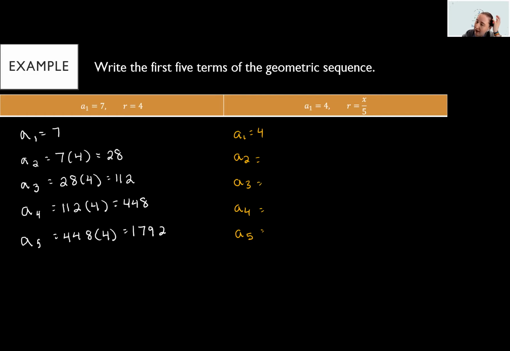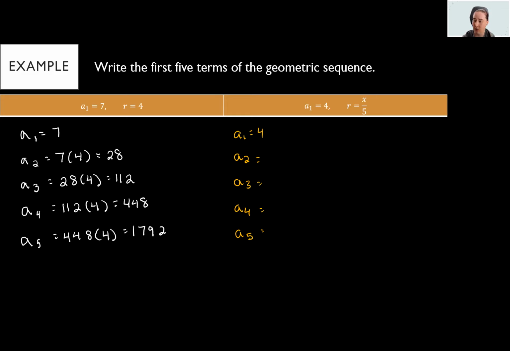So we're not going to have a single number because we've got a variable in our r. Our terms here are actually going to be algebraic expressions. For something like this, I find it easier to use the formula rather than to keep multiplying by r, because it will make your simplifying a little bit easier.